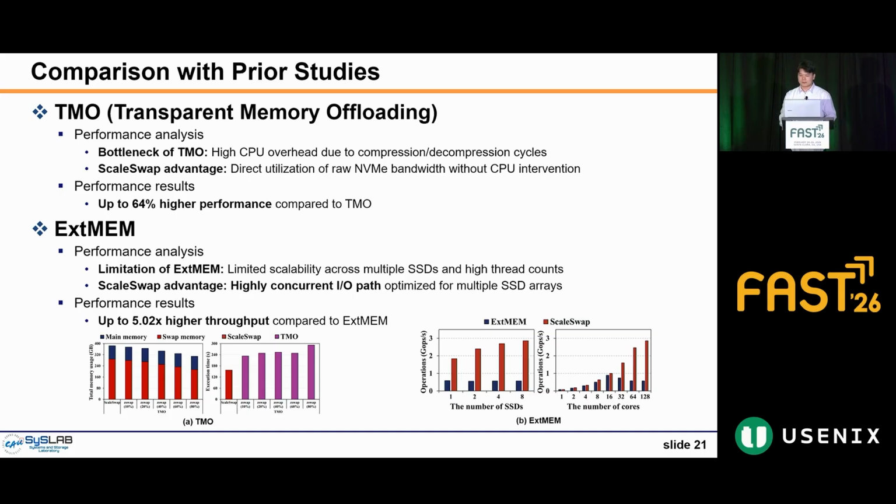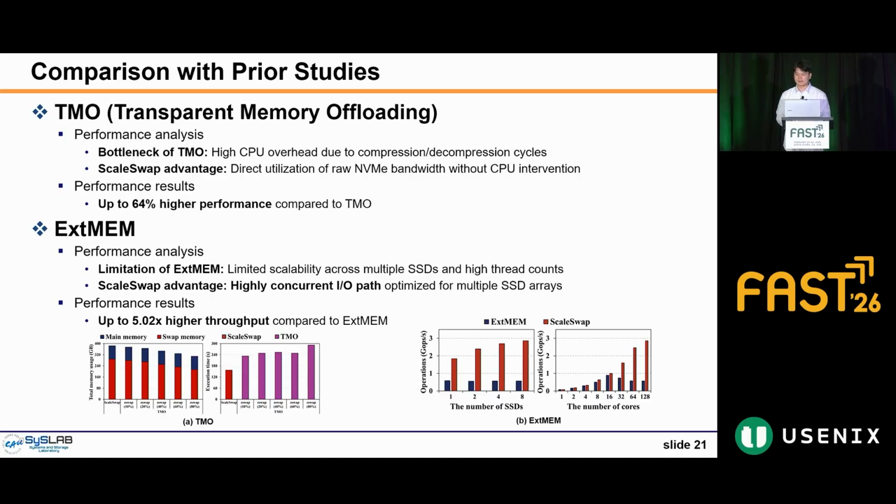Here we compare ScaleSwap with TMO and ExtMEM. For TMO, the main issue is CPU overhead. TMO uses compression and decompression, so CPU cost can be high. In contrast, ScaleSwap directly utilizes raw NVMe bandwidth without compression. For ExtMEM, the key limitation is its limited scalability under increasing SSD and thread counts.